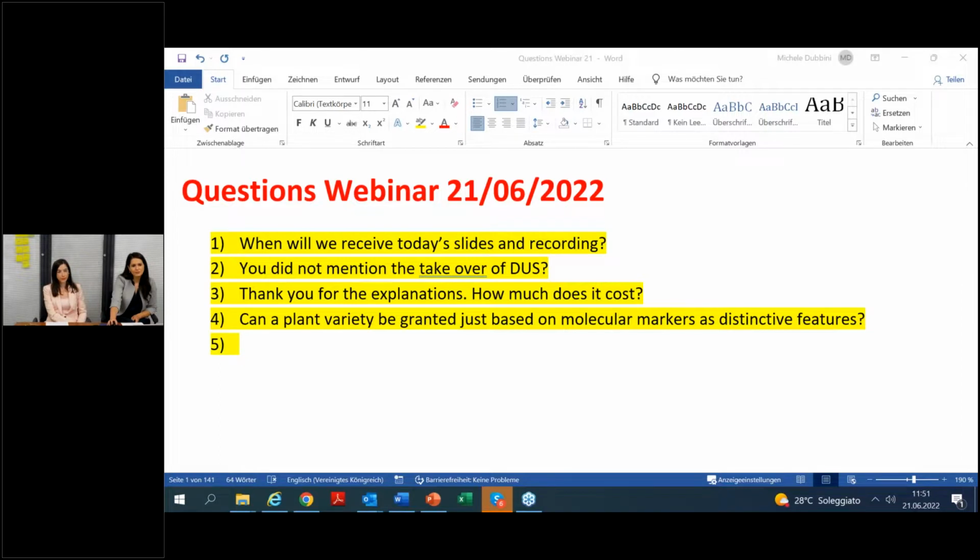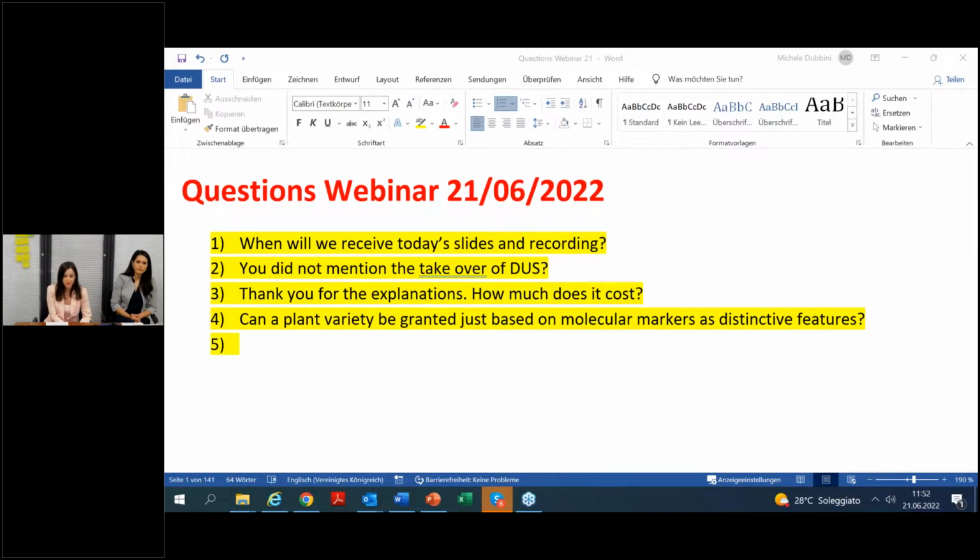Thank you. And question number 4, can a plant variety be granted just based on molecular markers as distinctive features? Well, basically, our European Union plant variety rights system, or actually the plant variety rights system as conceived at UPOV level, is based on the phenotypical analysis. So we observe what makes a variety distinct in terms of the observable characteristics, the phenotype.